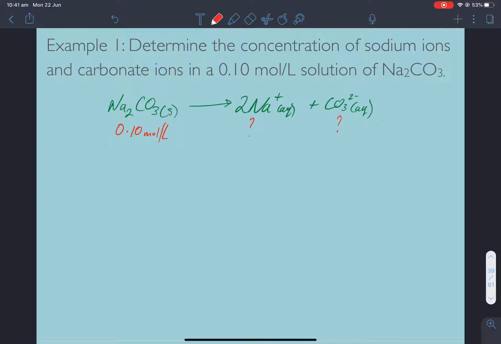So the concentration of sodium plus is going to equal the concentration of what we know times it by the molar ratio, okay? And so we need the molar ratio between sodium carbonate, and we're trying to find out the concentration of sodium plus, okay?